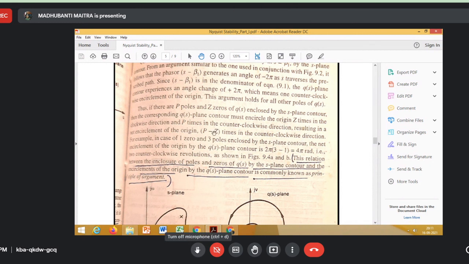P times counterclockwise, Z times clockwise. Hence N, the total number of encirclements of the origin of the QS plane by the QS plane contour, will be N equal to P minus Z times in the counterclockwise direction.